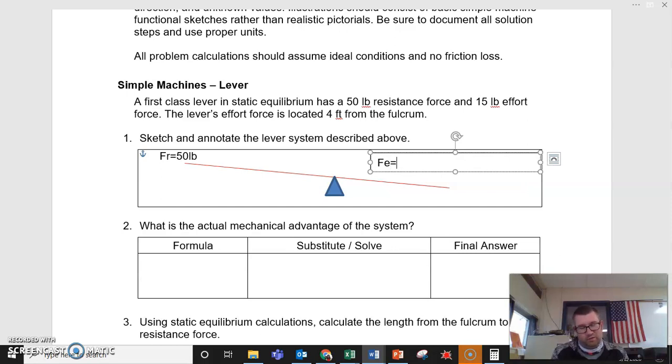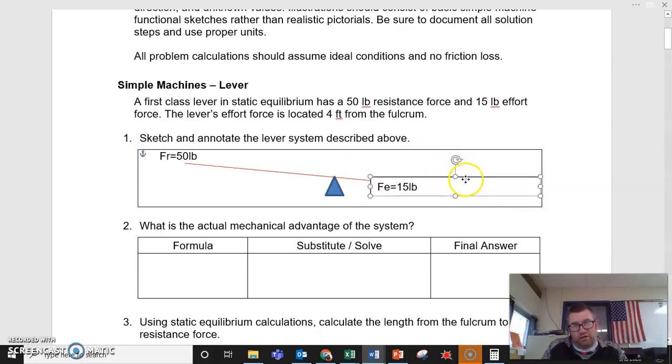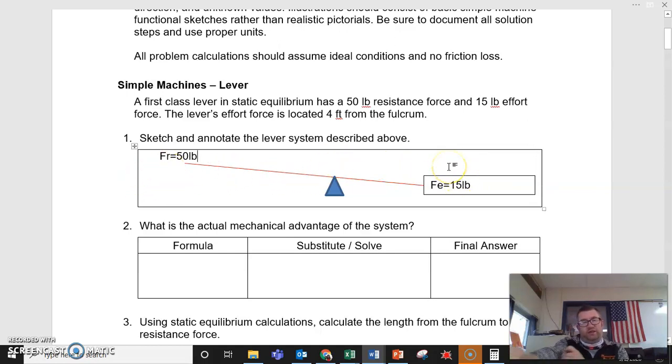FE equals 15 pounds, and we'll put that on the other side of the lever. So we have FR 50 pounds, FE 15 pounds, and then lastly we need an effort distance, or DE.